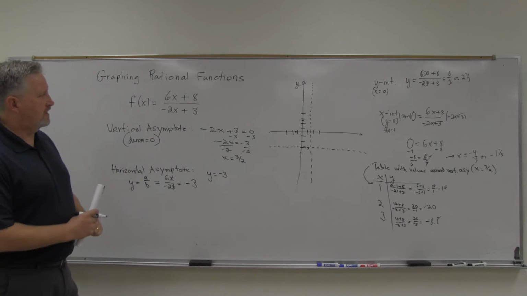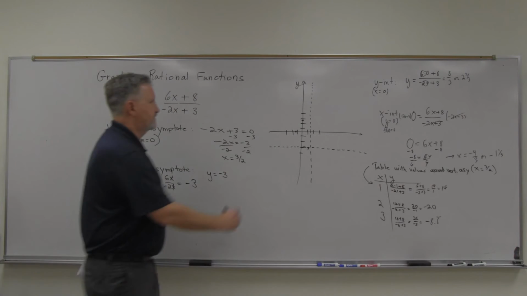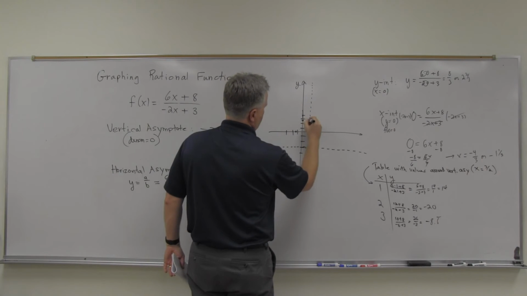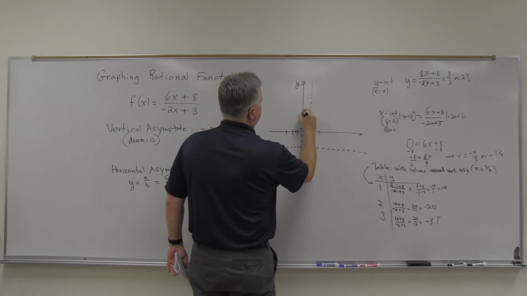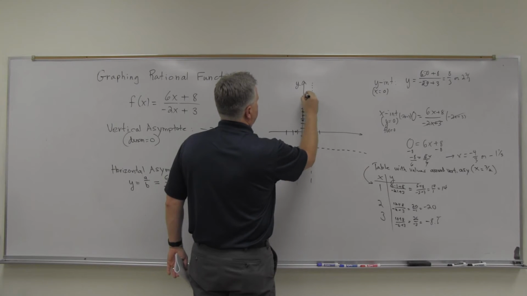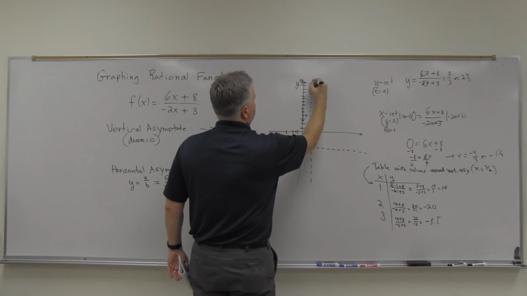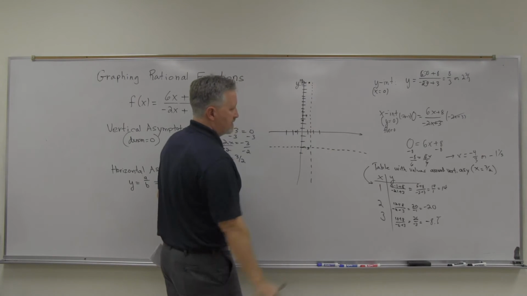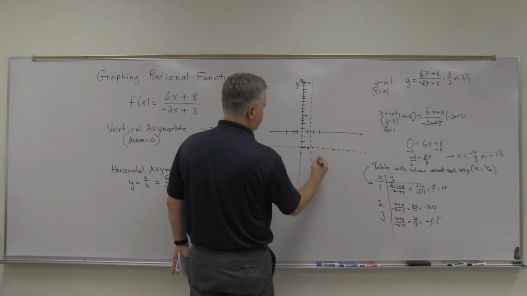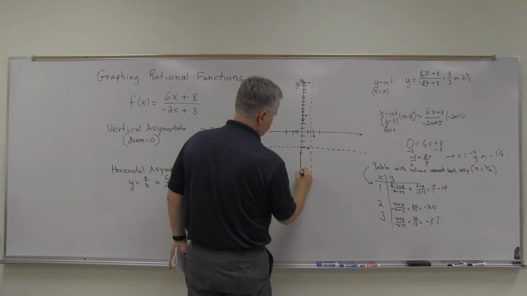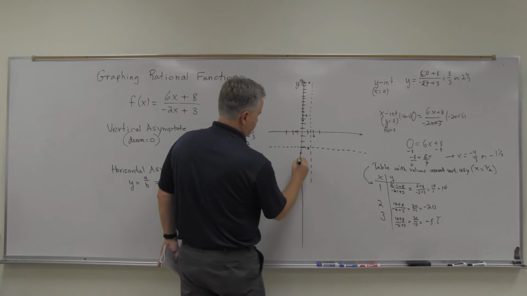So I've got 1 and 14. Put that up here. Where am I at? 4, 5, 6, 7, 8, 9, 10, 13, 14. There we go. So it's at 1 and 14. Then I've got 2 and -20. So x is 2, and then I've got -20, way down here.